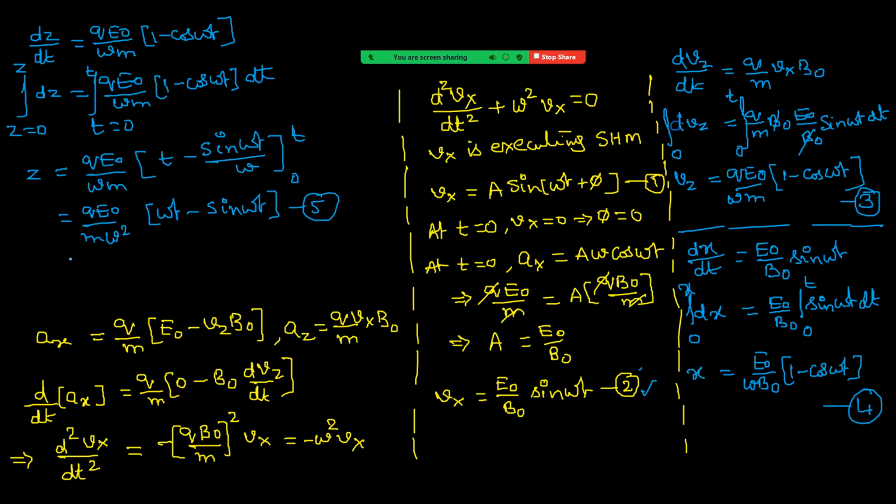That means finally, it is E naught by omega B naught into omega t minus sine omega t.